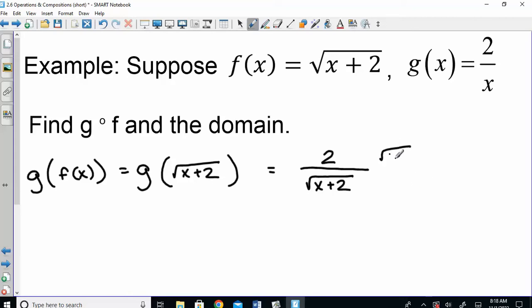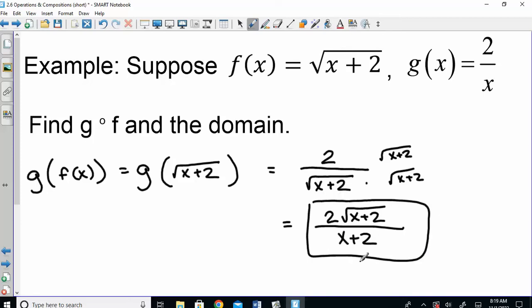So what would you do? You could square if you had an equal sign with a number on the other side. Since we don't, we'll just multiply by the radical on top and bottom. So it gives us 2 radical x plus 2 over x plus 2, because when you multiply these two together, it cancels out the square root.